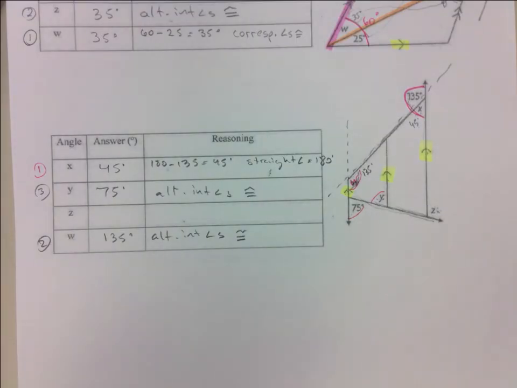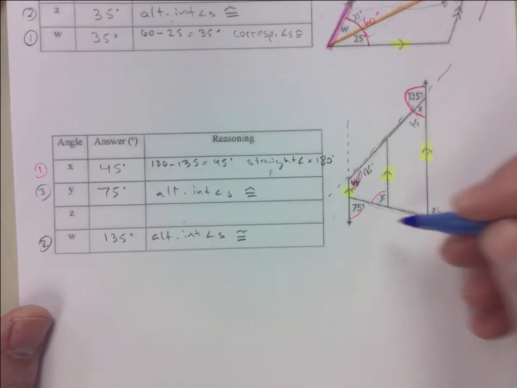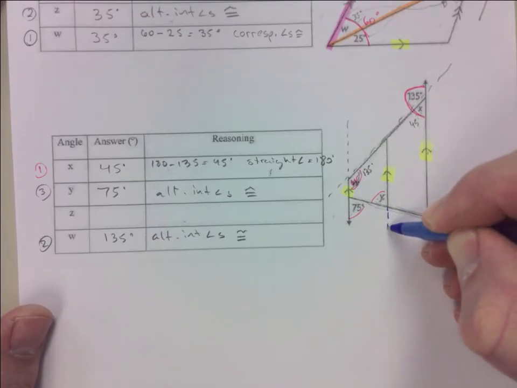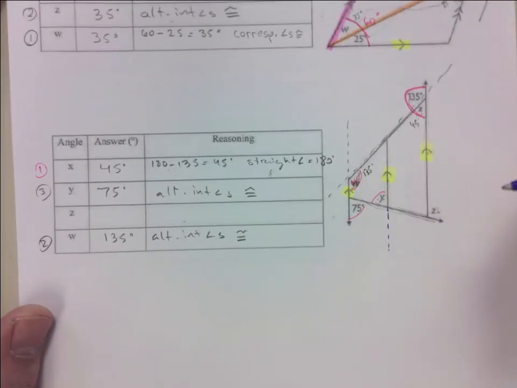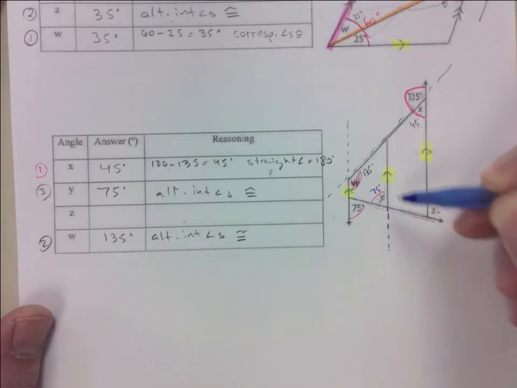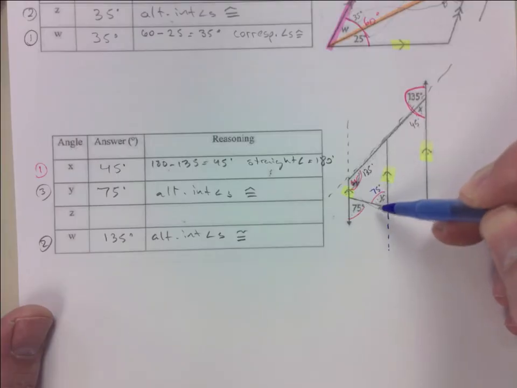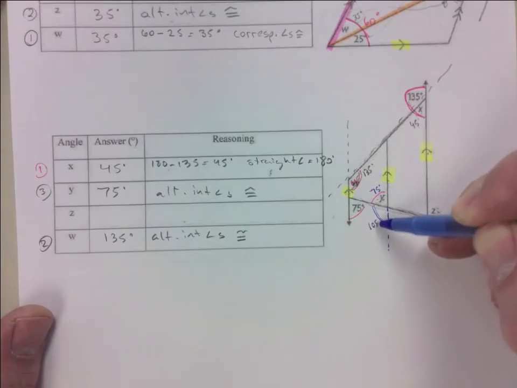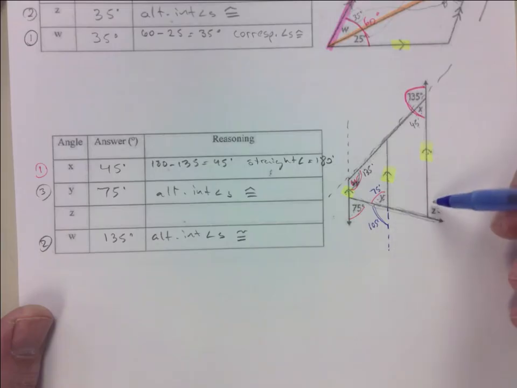So I don't know what I did on my key, to be honest. But what I'm going to do is this. I'm going to extend this here. I know that this angle right here is 75. Y is 75. I already determined that. If this is 75, then this is 105. Okay, because it's a straight angle.